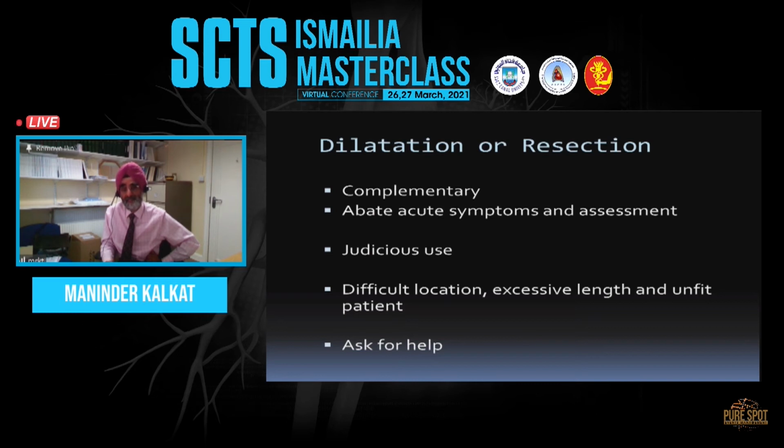So be gentle, be conservative, do not overdilate because, as I said, the fibrosis will cause longitudinal fibrosis and damage as well. And that is not good for these patients with just stenosis under the vocal cords. Okay, so make sure you are conservative and you use your dilatation judiciously.